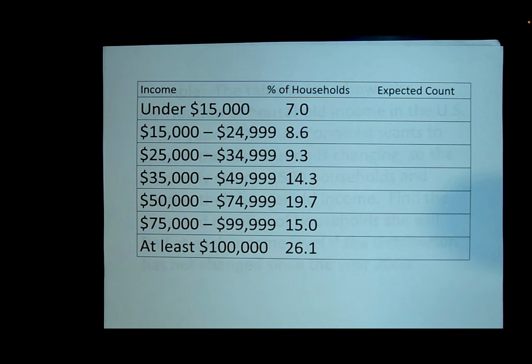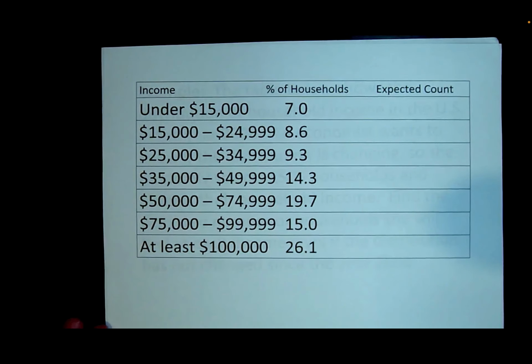So in other words, we're treating this as a categorical or qualitative variable. We're just looking at these, I guess, 7 categories of income types, and we're not doing anything with the dollar amounts as numbers. We're just treating them as categories.